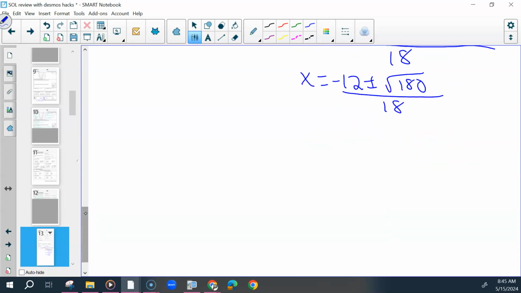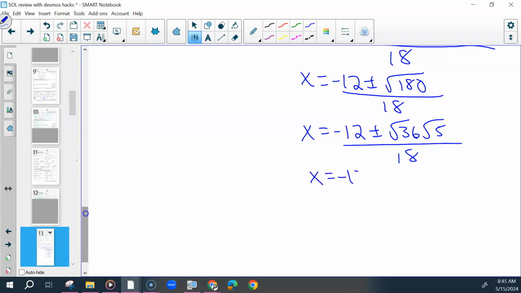So we find the highest perfect square that goes into 180, which is 36. And 5. And the square root of 36 is 6. Whatever is not in the radical can be divided by 6, so you can simplify that.